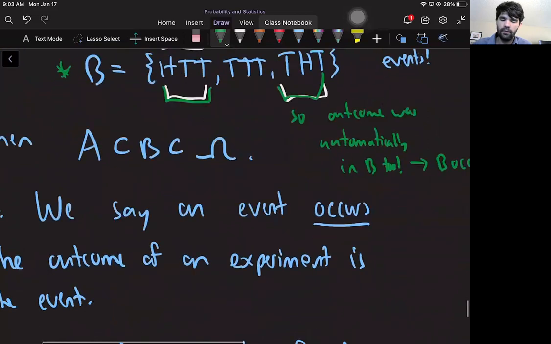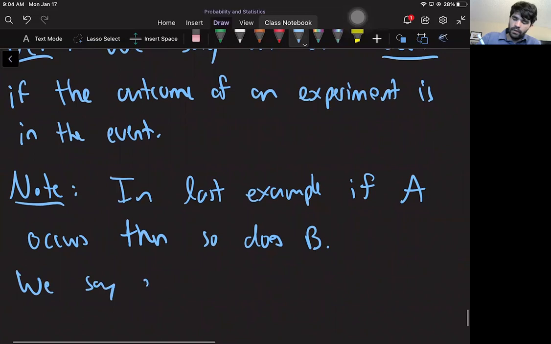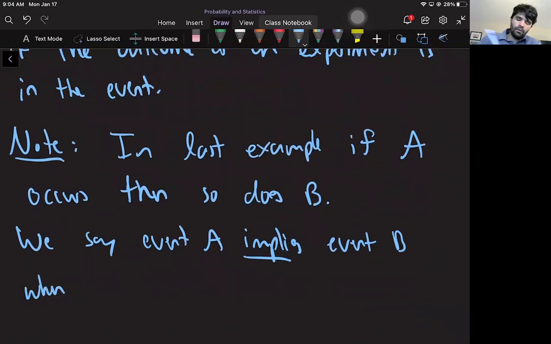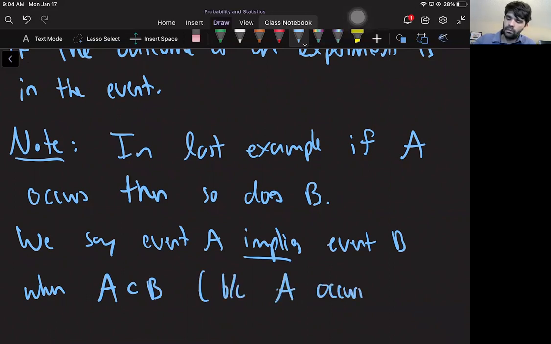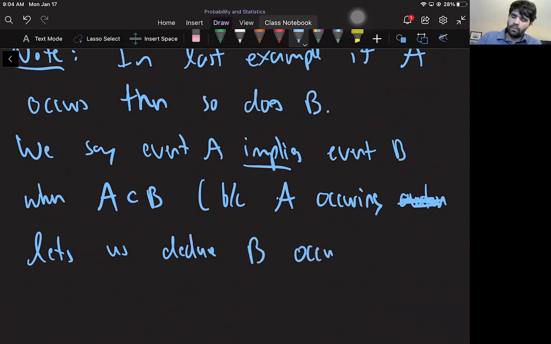So we want a definition for this kind of thing. And what we do is we say event A implies event B when A is a subset of B. And it's because A occurring automatically lets us deduce B occurs too as a result.